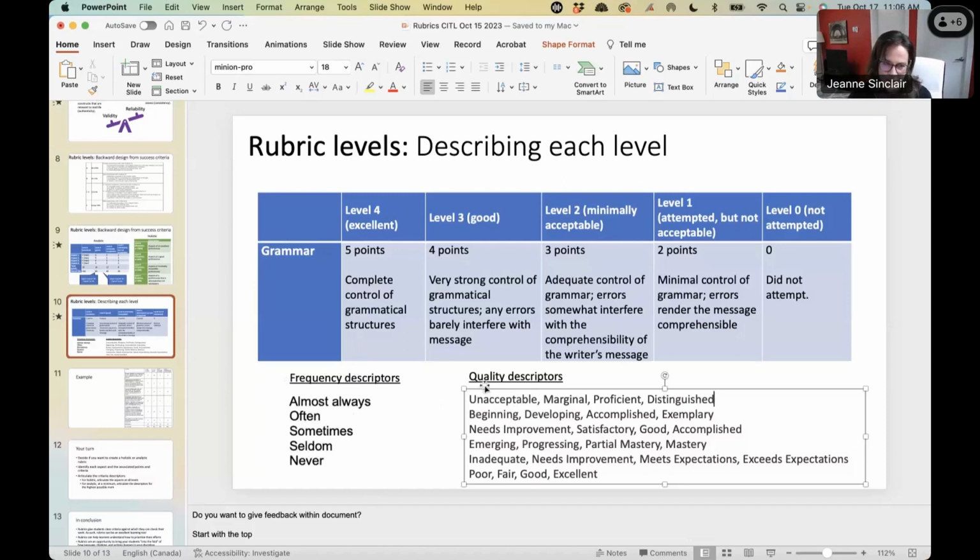Honestly, I find that writing out all of these things might provide students with some cognitive overload, right? They're like, whoa, that's so much for me to understand and look at. I'm not sure I want to go there. So it's a bit of a shortcut to not describe each level, but it's worked fine for me.